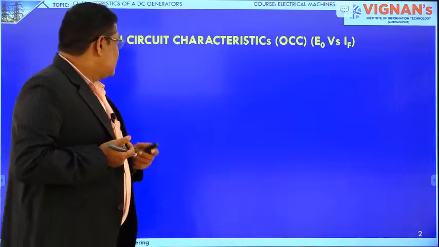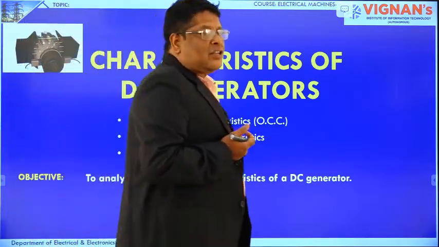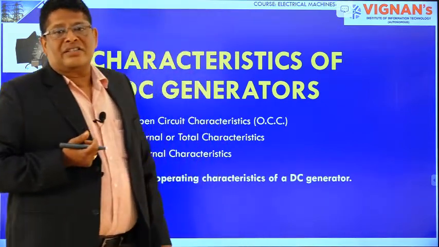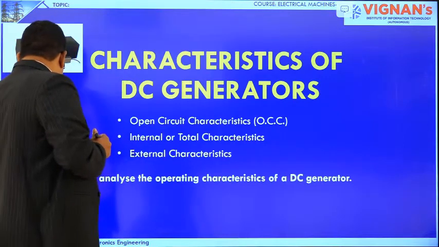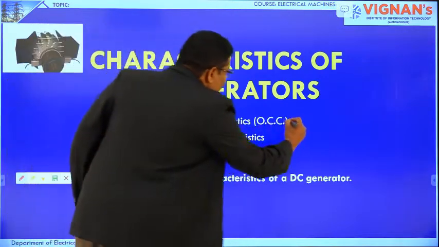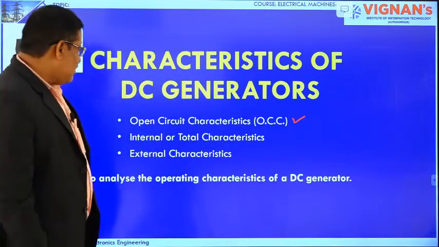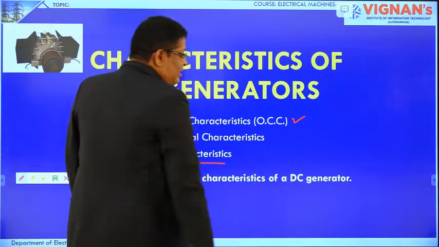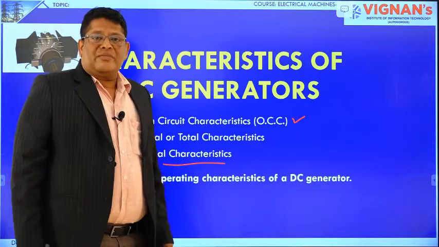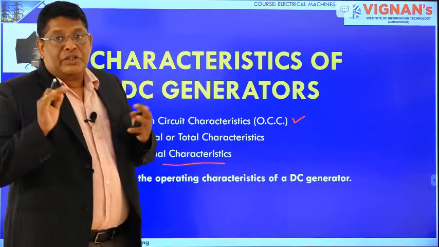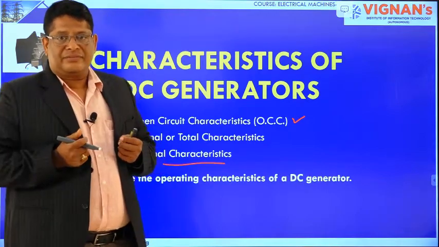There are three characteristics. One is the open circuit characteristics, the second one is the internal characteristics, and the third one is the external characteristics. The open circuit characteristics are open, as the name itself says: there is no load connected across the generator.